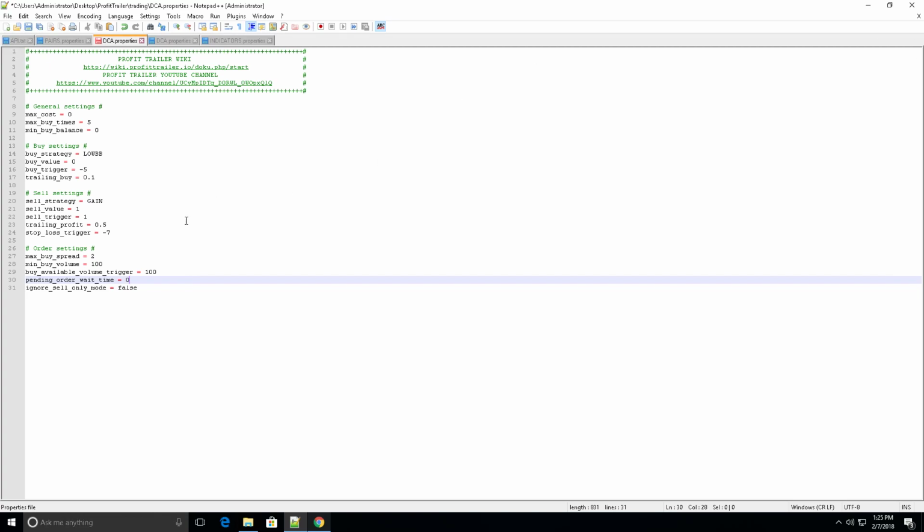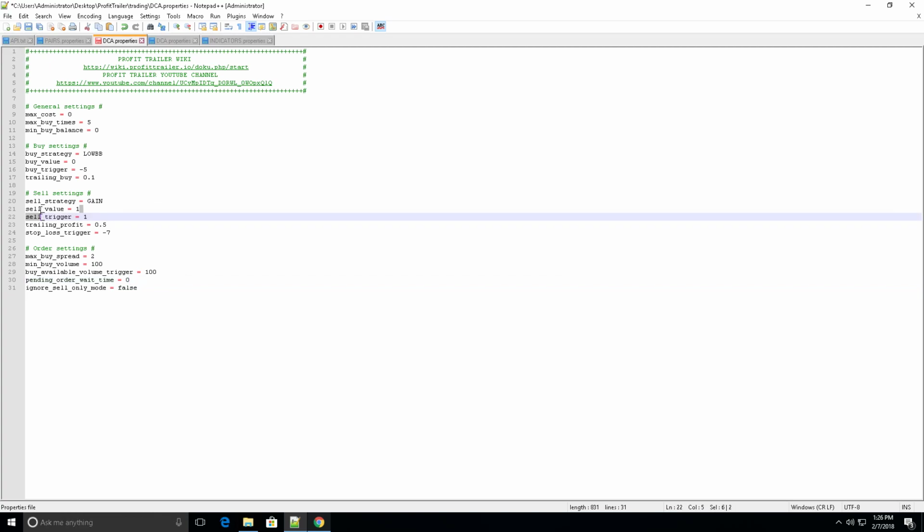So if you set this in minutes, then after that amount of time, it's going to create a pending log, a pending order for that pair according to the minimum profit.